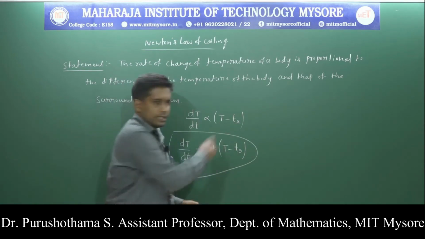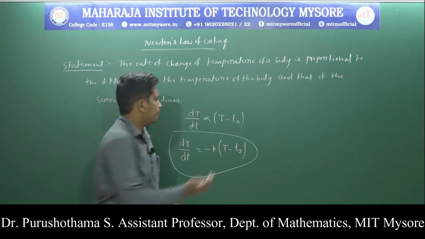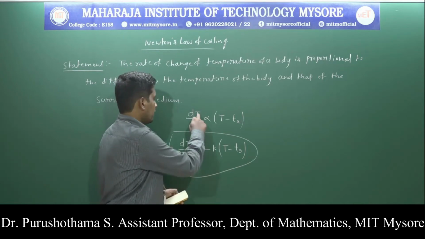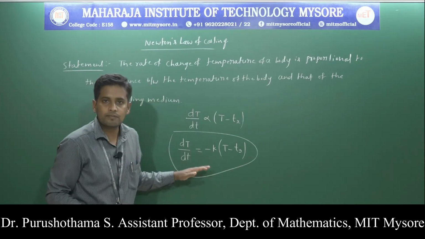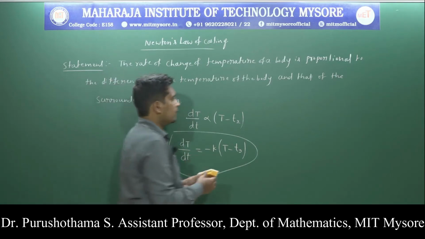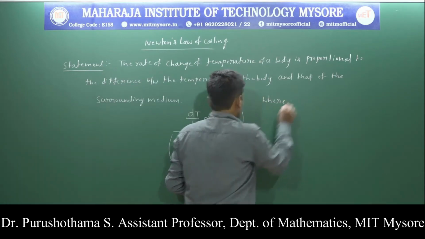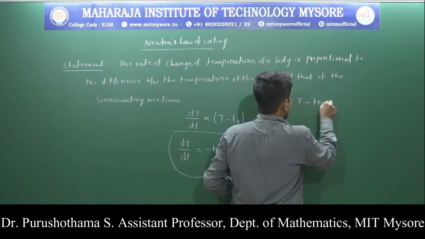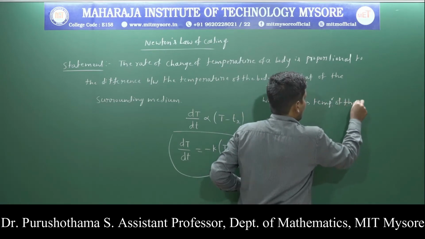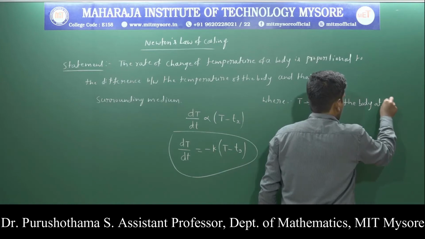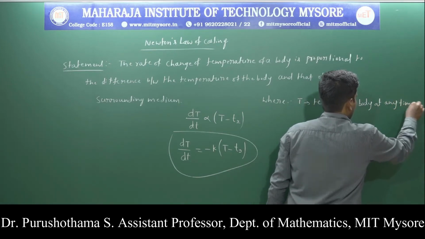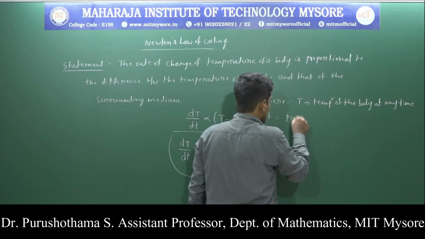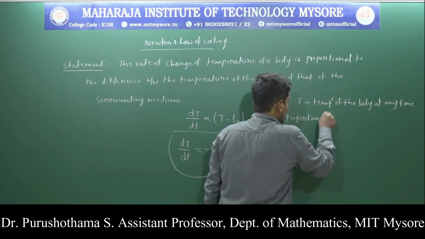Here capital T denotes the temperature of the body at any time. T2 denotes the surrounding temperature or air temperature. In this expression, K is the proportionality constant.